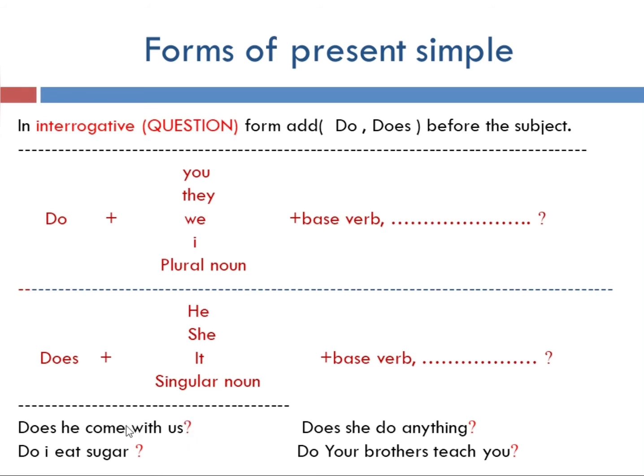You will not add s after your verb. Why? Because it's a negative or interrogative form. We will just add s to the verbs if we have the affirmative, positive form, and for some subjects like he, she, it, or a singular noun.